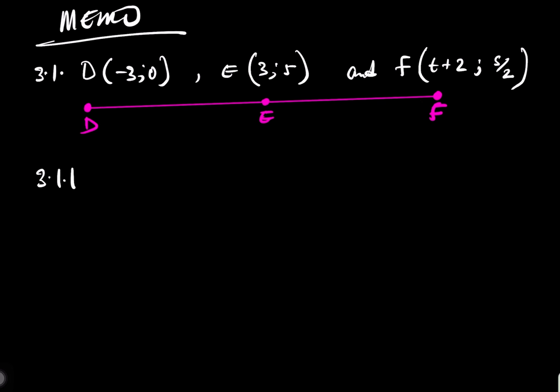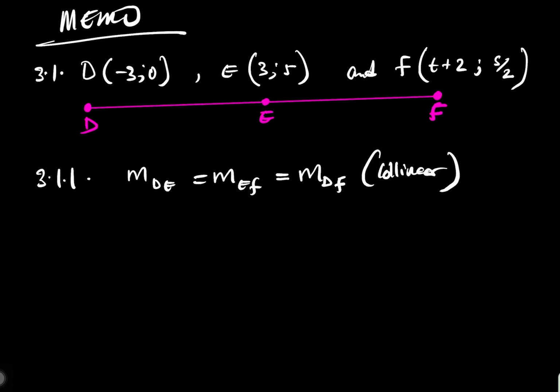So we are going to say that the gradient of DE is the same as the gradient of EF. This is also the same as the gradient of DF. And then this will be the reason: collinear points. Let me write it here for you guys.